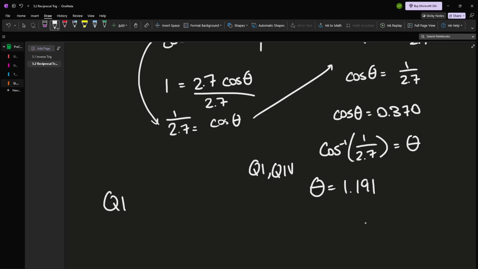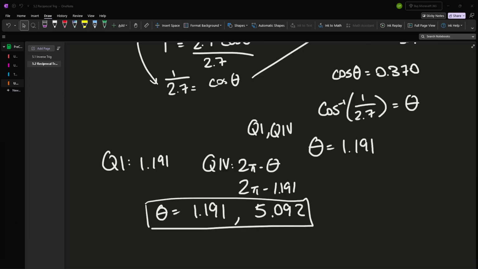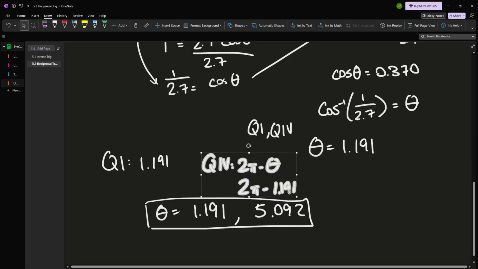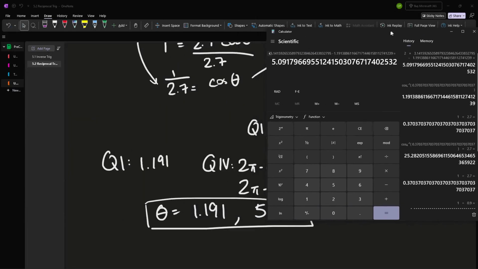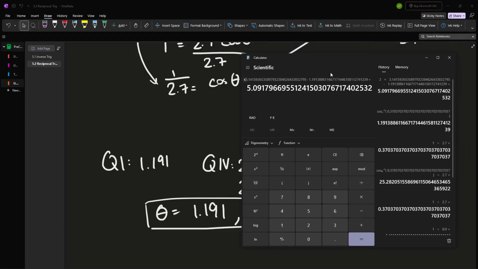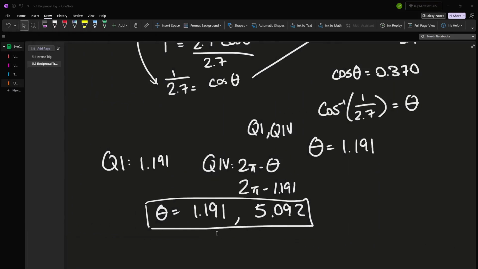For quadrant 1, I'm fine with that, 1.191. For quadrant 4, I must have 2 pi minus theta, 2 pi minus 1.191. So 2 pi minus our angle would give me 5.092. And I rewrite it, that's my final answer.